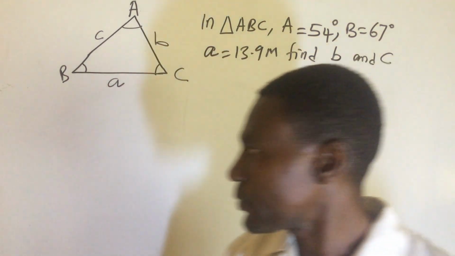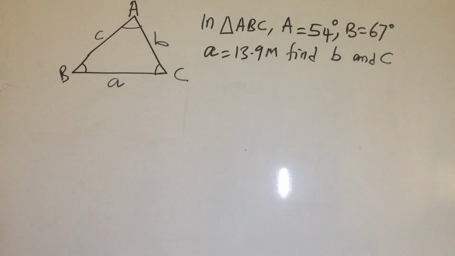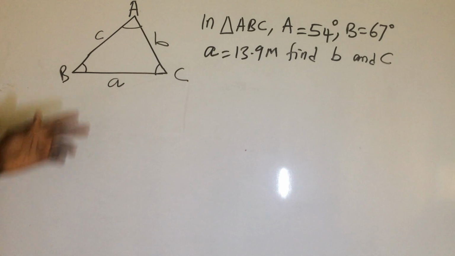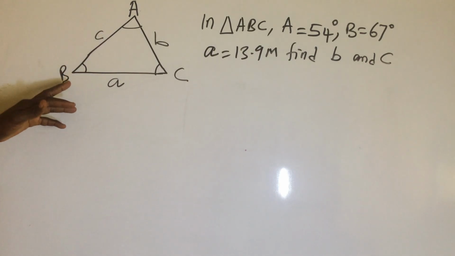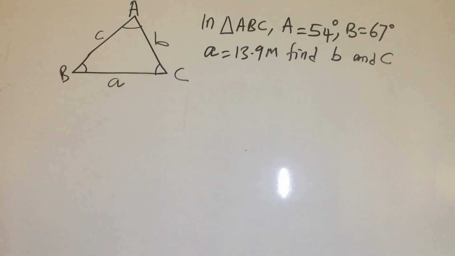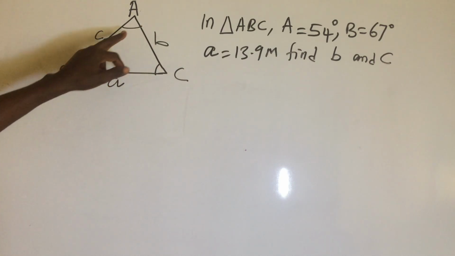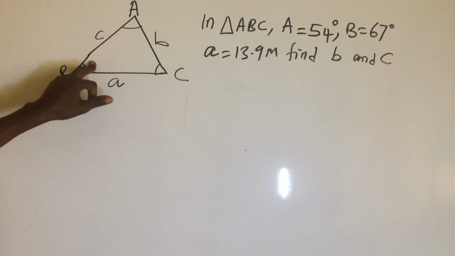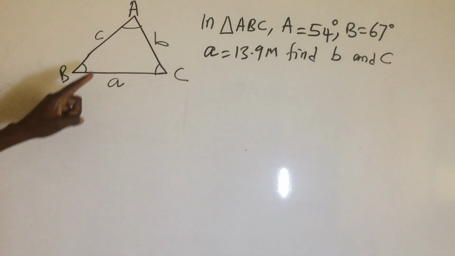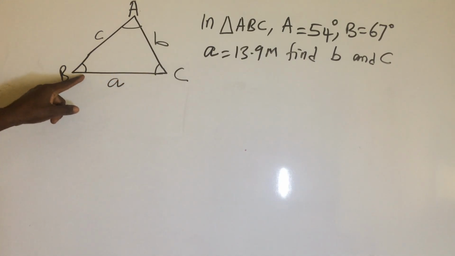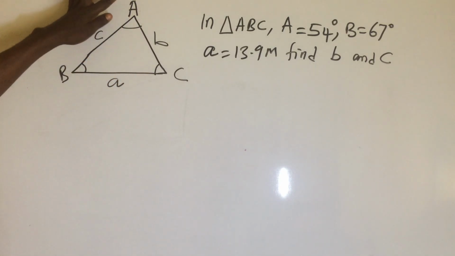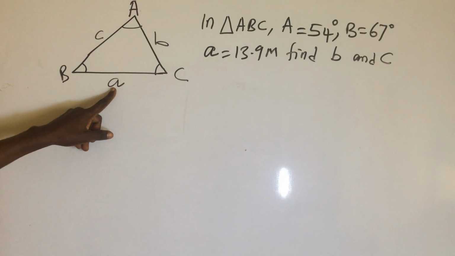Okay, now this is a triangle that has angle A, angle B, angle C, and the sides. This angle here is A, angle here B, angle here C. So this side facing the angle A, we represent with small letter a.